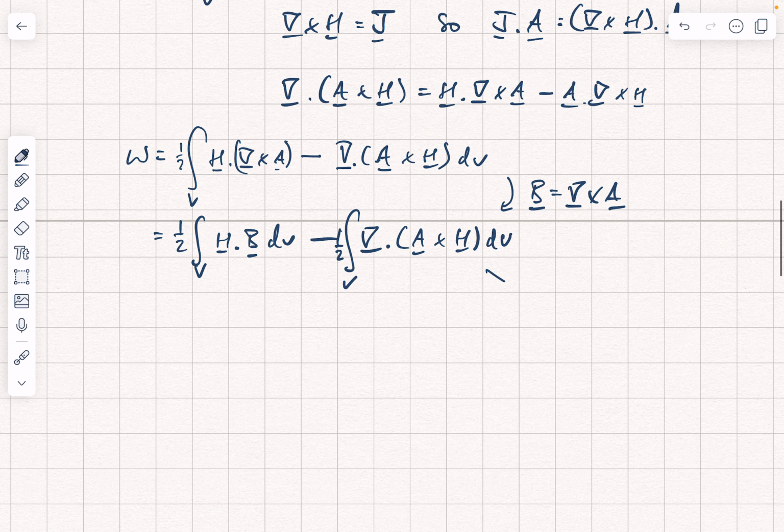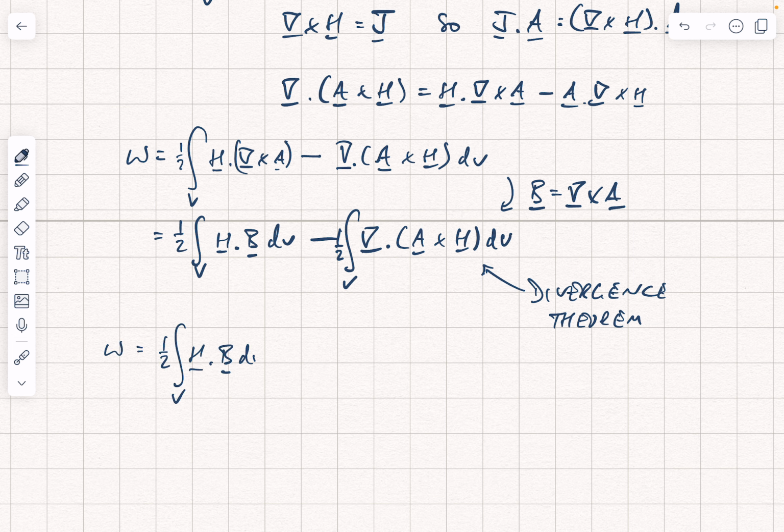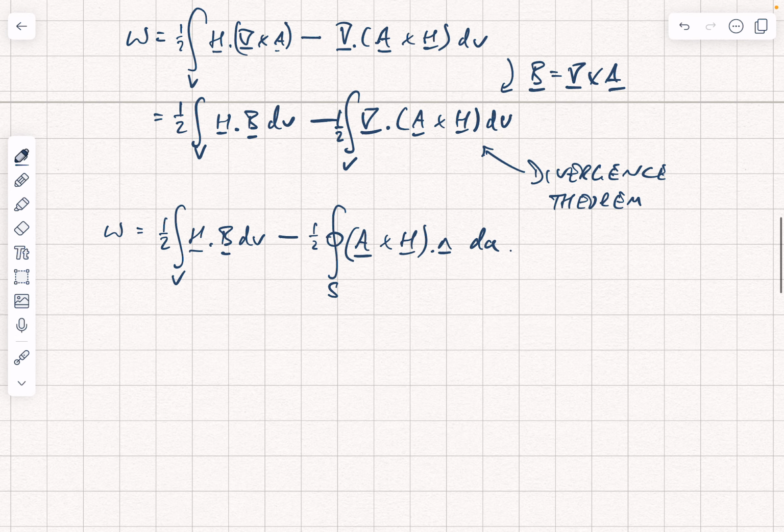And now here we're going to use the divergence theorem to change this volume integral into a surface integral. So W, the total energy, is half the volume integral H dotted with B dV minus half the closed surface integral of A cross H dotted with n dA.